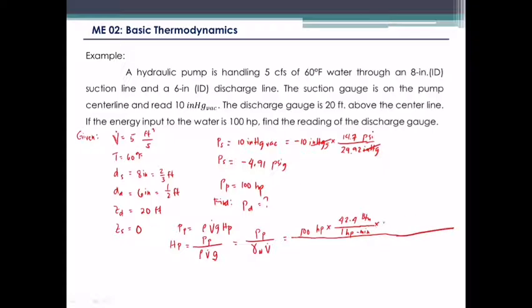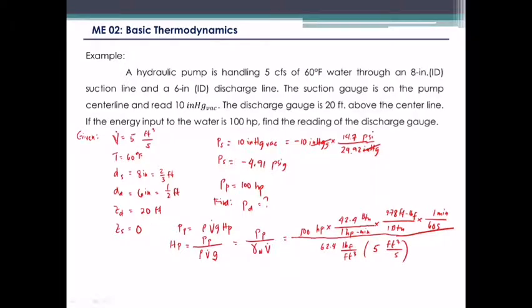Kaning BTU, i-convert nato siya. 1 BTU is 778 foot-pound force. Ang minute, i-convert nato siya. 1 minute is 60 seconds. Now, the gamma of water, 62.4, is pound force per cubic feet, times the volume flow rate, 5 cubic feet per second.